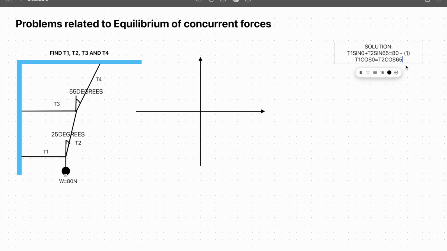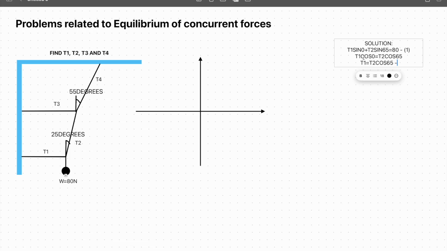If we continue, we have to figure out one of the tensions. If we figure out T1, cosine 0 equals 1, so T1 is basically T2 cosine of 65.